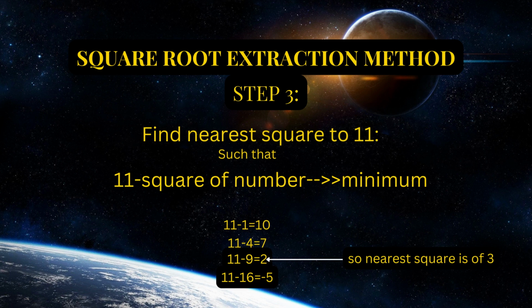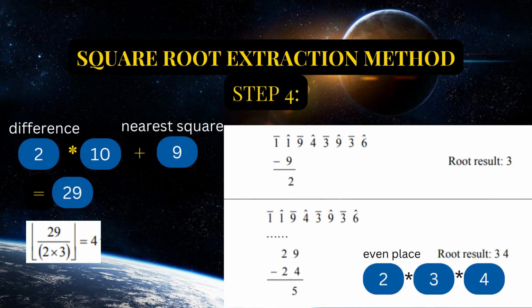We don't need the negative value part, so we will take the nearest square to be of 3. Now we have found the nearest lesser square, that is 9, and we will subtract it from 11, and we will put its square root, that is 3, aside as the most significant digit of this final square root.